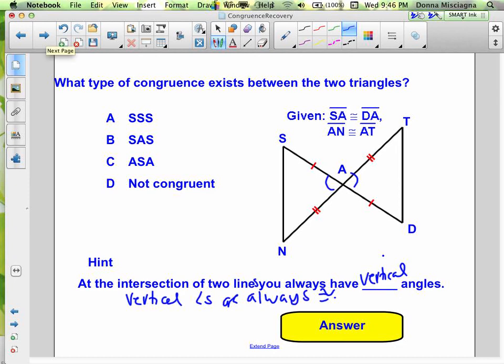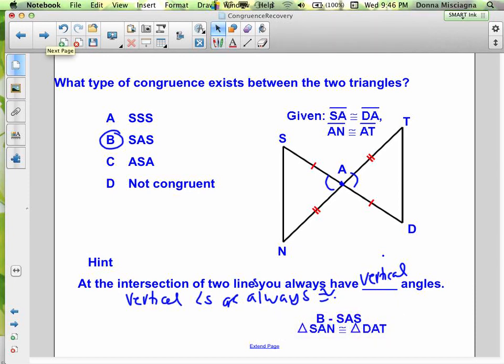And what do we have? We have side, angle, side. Two sides, and the angle between them. If we follow the two sides, they intersect right there where the angles are. So, side, angle, side.